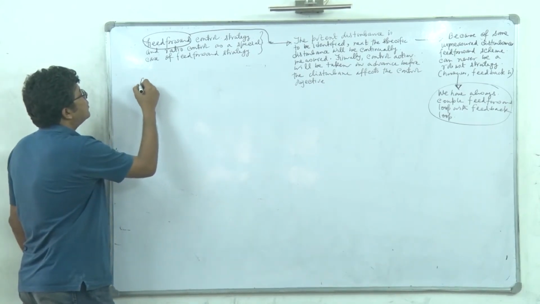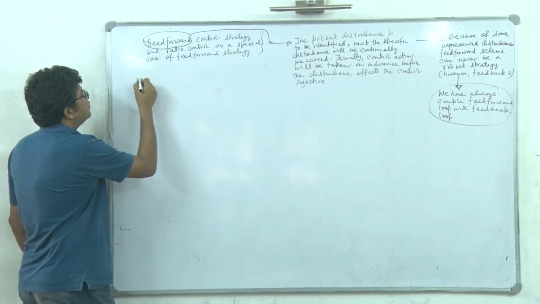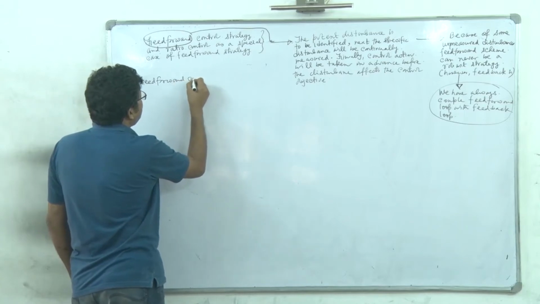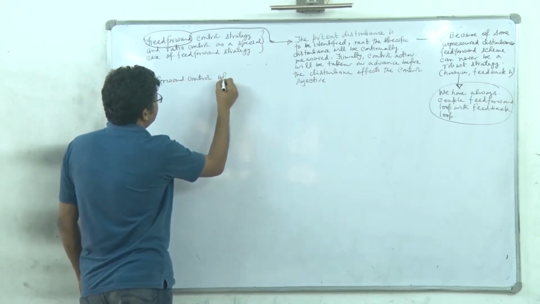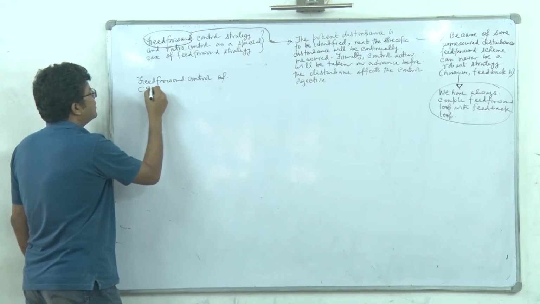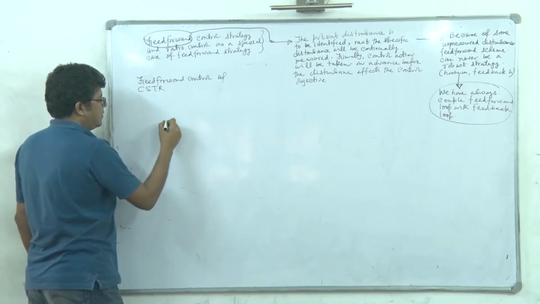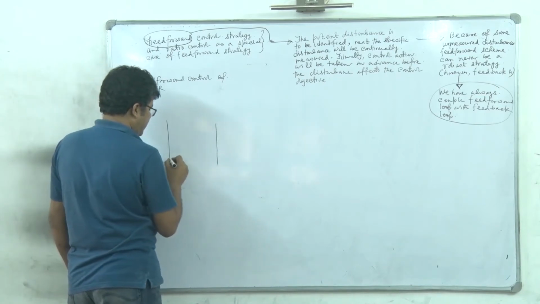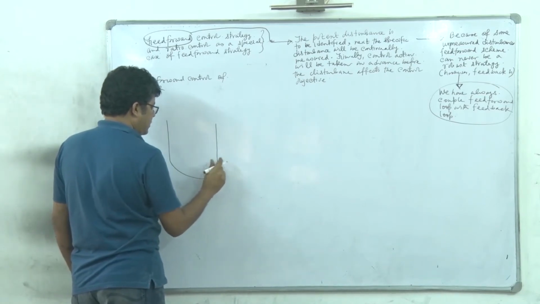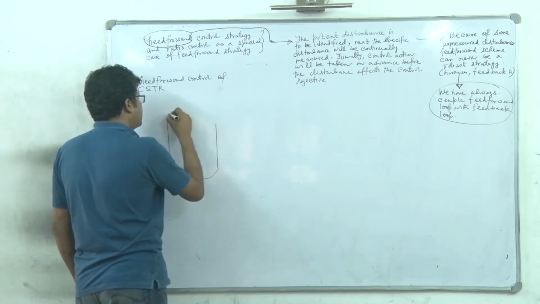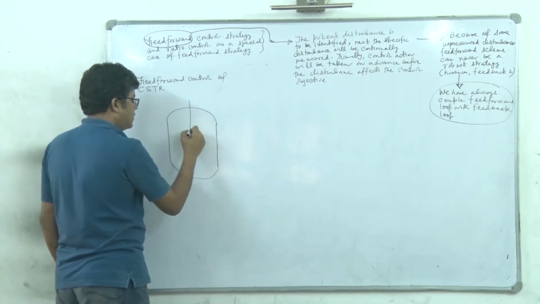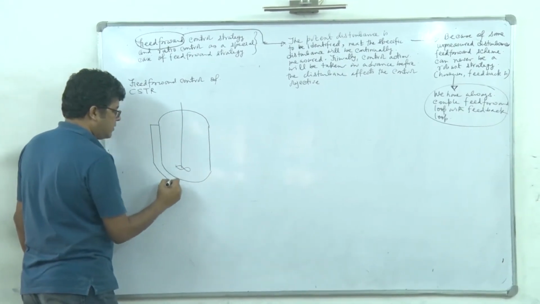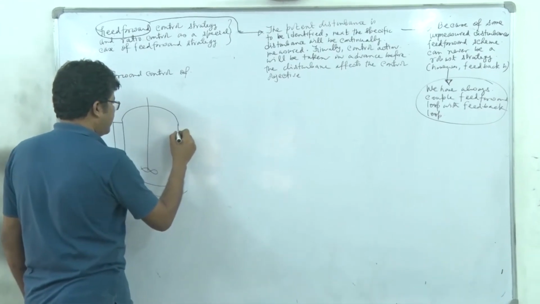So feed forward control here, what we are going to discuss is feed forward control of a CSTR. Right. See, we have a CSTR here, and some exothermic reaction is taking place, so we have a cooling jacket as well.